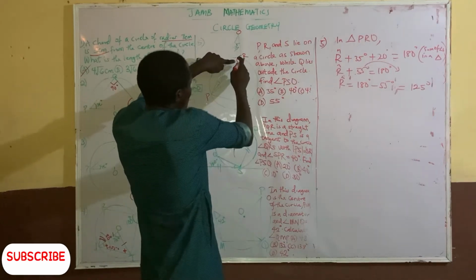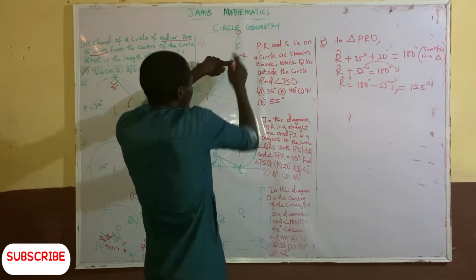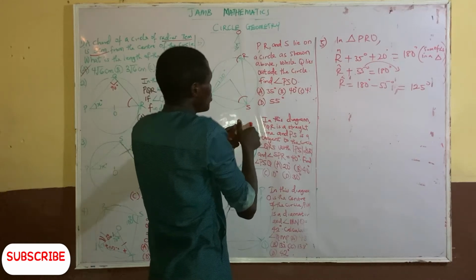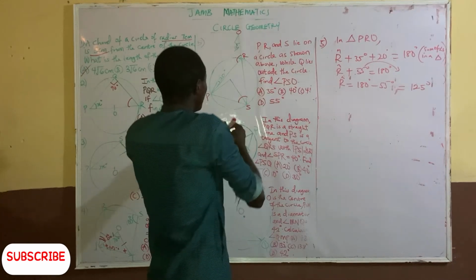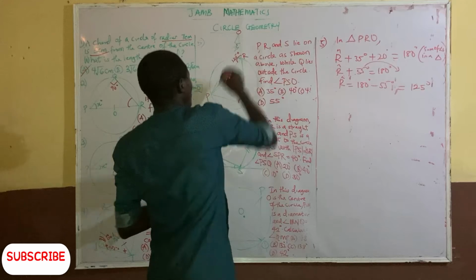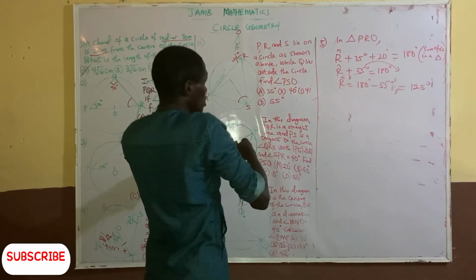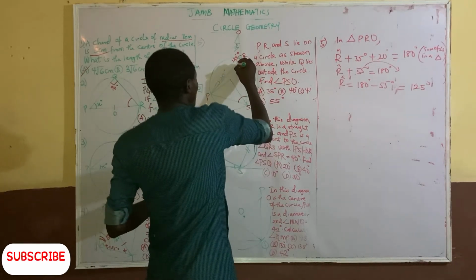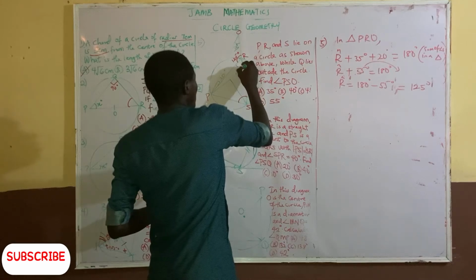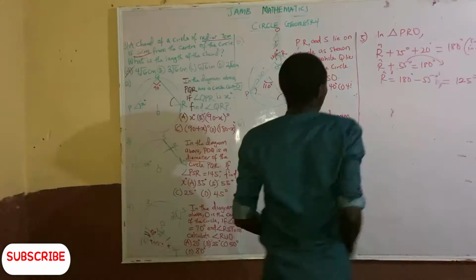In fact, this angle here is an angle on a straight line. If this angle here is 125 degrees, then this one is 55 degrees.